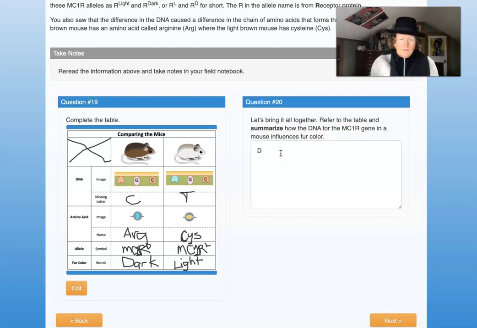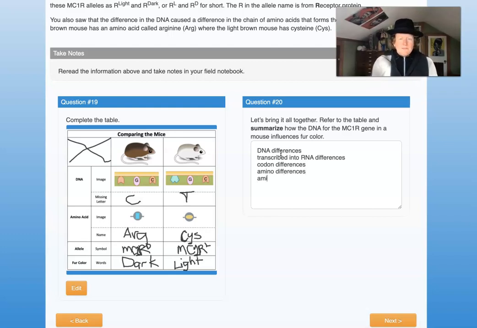So we know we have DNA differences that are transcribed into RNA differences, that result in codon differences, which result in amino acid differences.